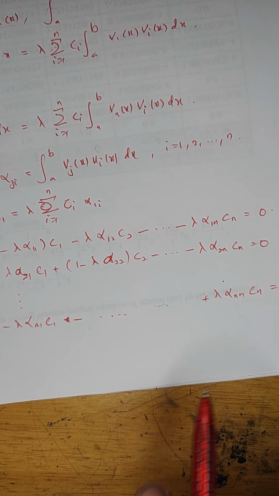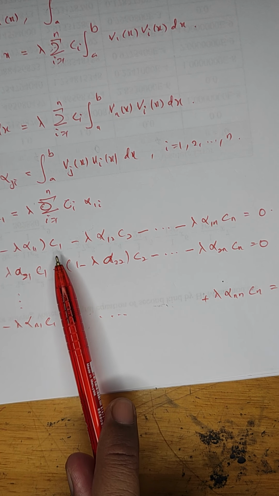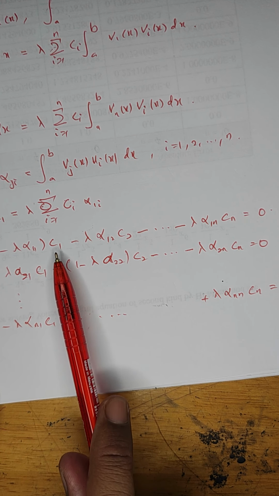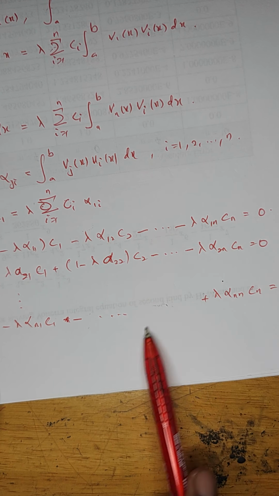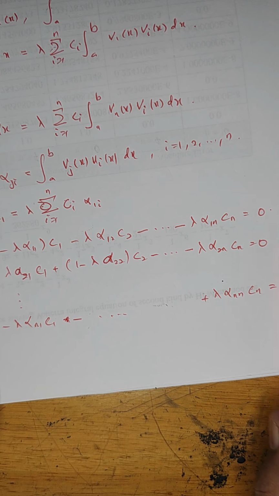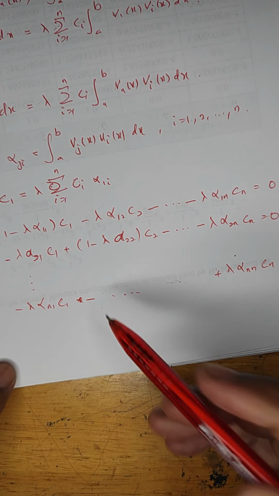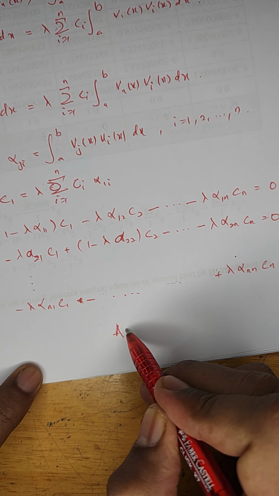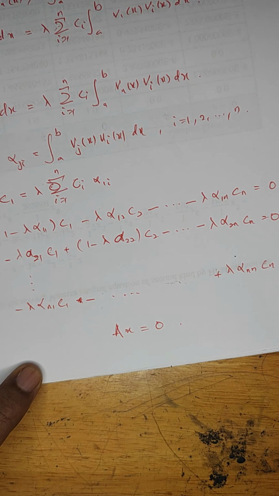So what we have now is that the unknowns C1, C2, Cn, we can write the system of linear equations in this form, equal to 0.